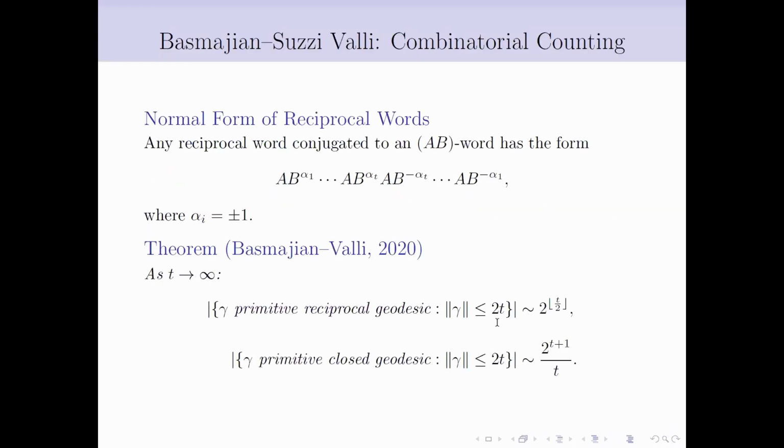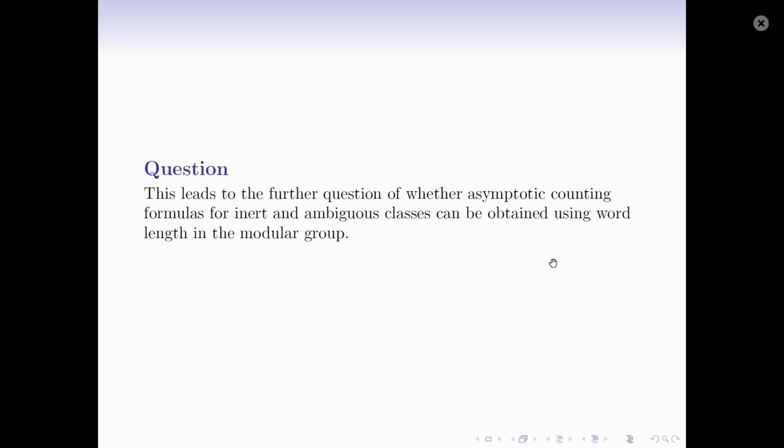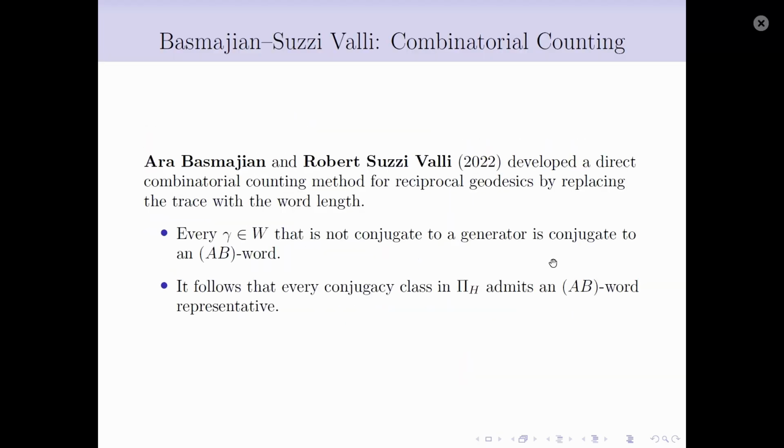So this is the result of Basmajian and Suzzi Valli, the combinatorial counting that they obtained. What they have done is develop a method where you can express every word in the modular group as a string of two words, A and B, where A and B are generators of Z2 and Z3.